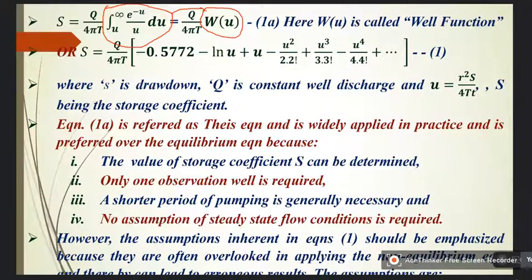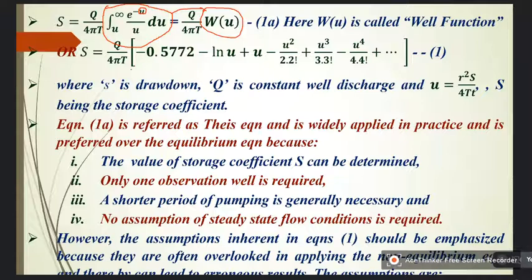It is an integral, and u is a dummy parameter. So for different values of u, you will be getting different values.